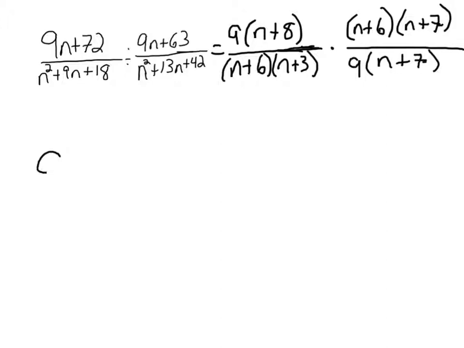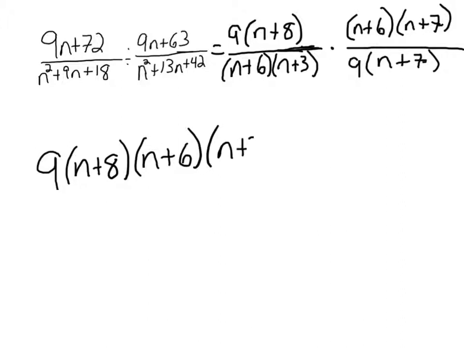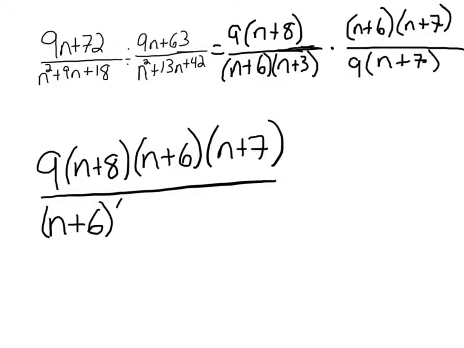So that's going to give me 9 times n plus 8 times n plus 6 times n plus 7 all over n plus 6 times n plus 3 times 9 times n plus 7.